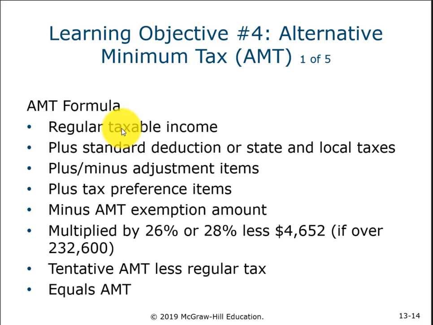Then you take an AMT exemption amount, and that's also shown on Form 6251. It's much bigger than what we're used to with the standard deduction, which means that people with lower incomes have no concern at all about the AMT, because the exemption, for instance, for single is 85,700.